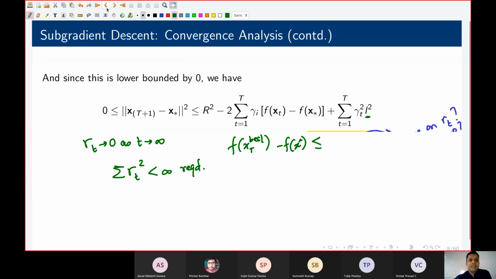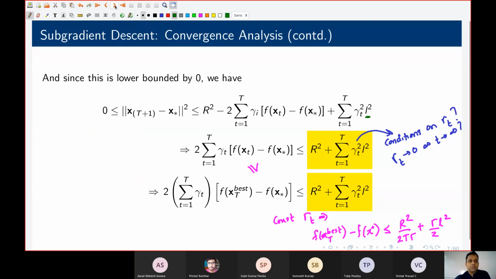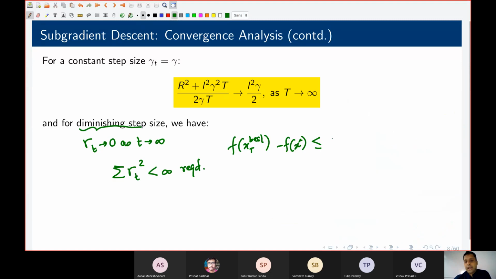So this entire thing will be bounded by R square plus L square summation gamma t square, divided by the summation of gamma. So that becomes important. Okay, so what we want is that this denominator, we don't want it to remain finite.